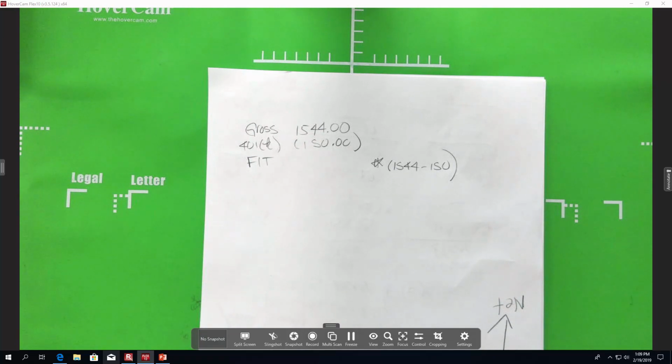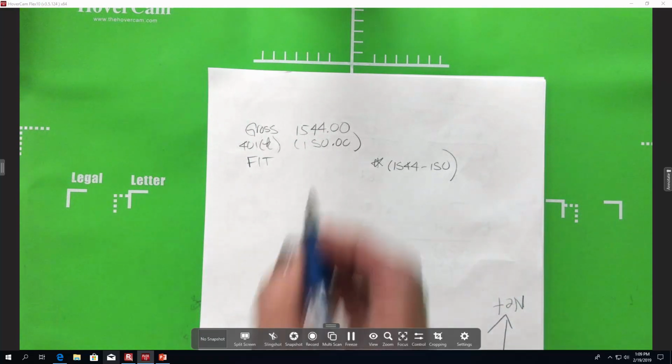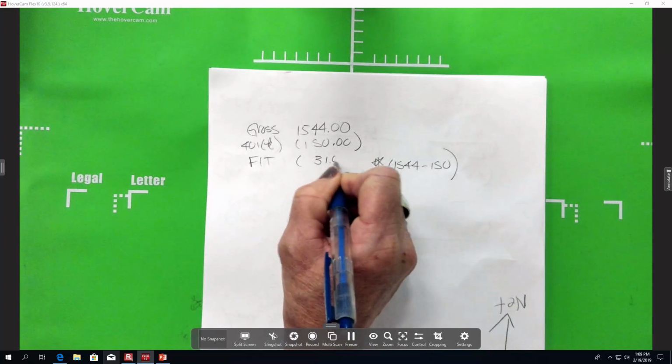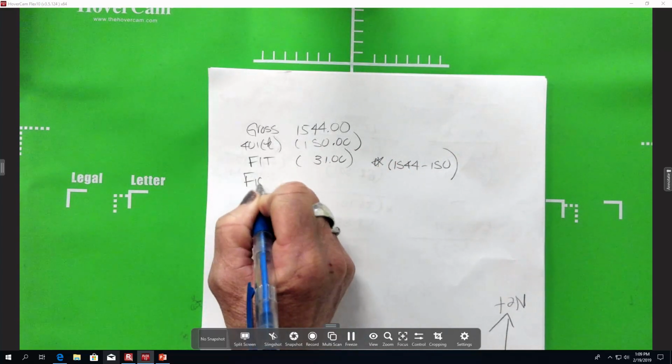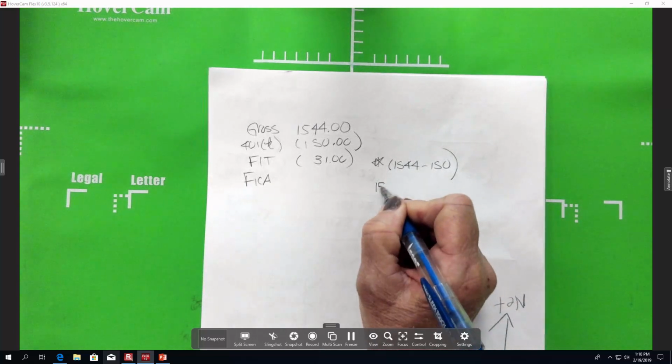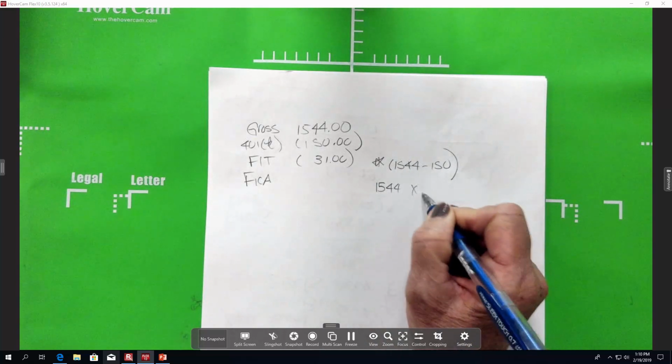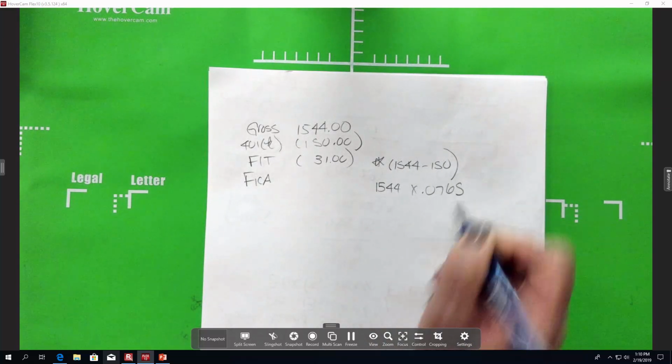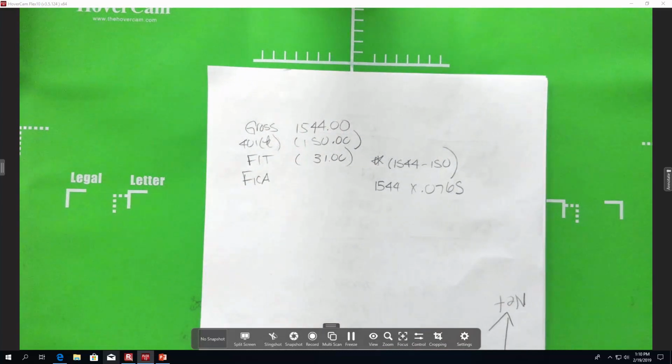And I think that's what, 31 bucks? But the FICA, and I should probably split that into OASDI and HI, but I'm just trying to move through this. So that's gonna be on the full 1544, isn't it? Right? Is that not what I said?